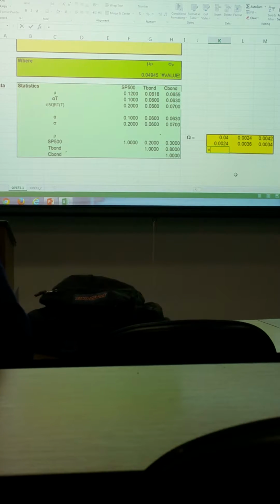So now again that is equal to this quantity, and this one is supposed to be equal to the T-bond standard deviation squared. Okay? You want to do it?